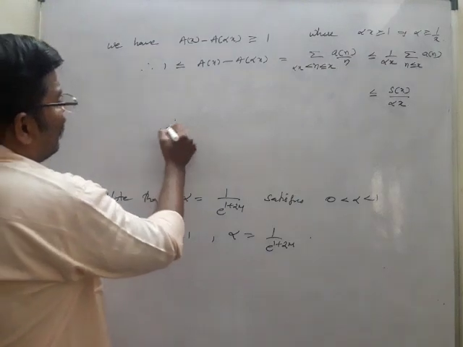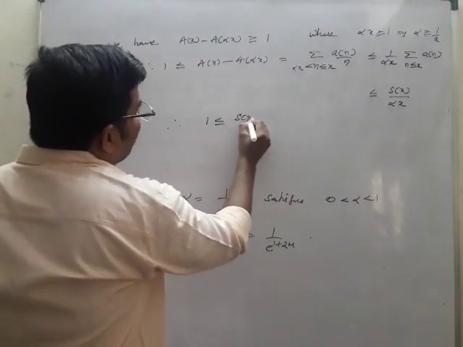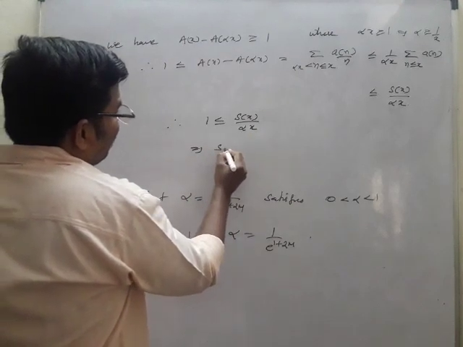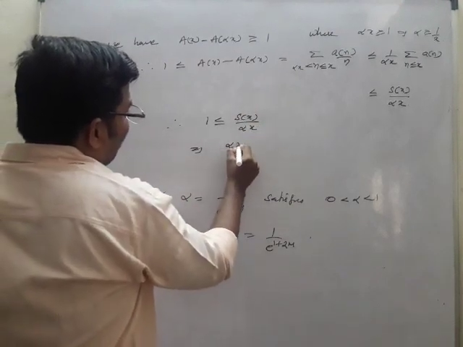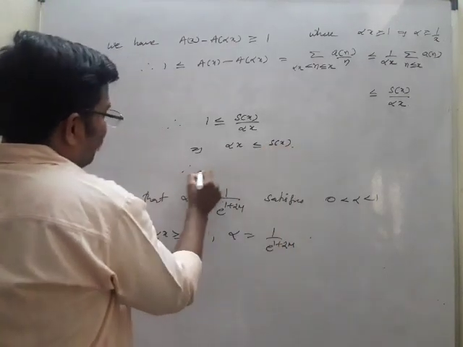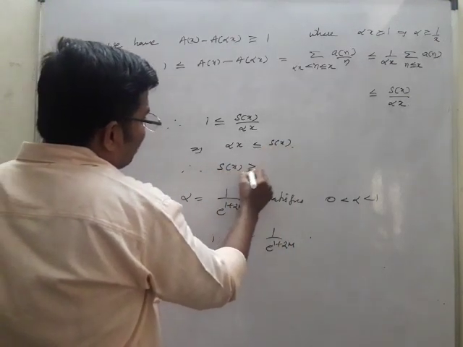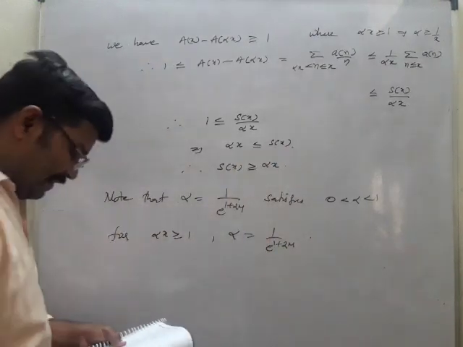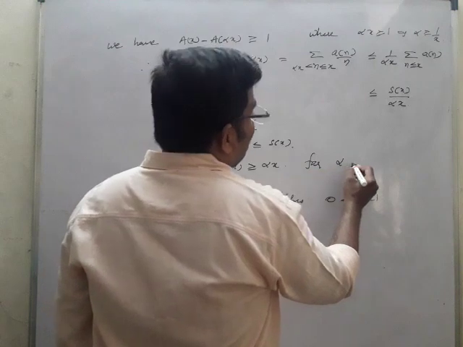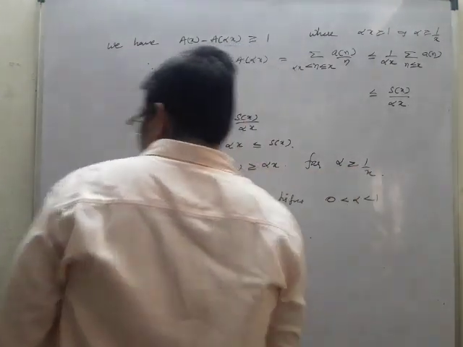So therefore what I got: 1 is less than or equal to s of x by alpha x. That implies alpha x is less than or equal to s of x, so s of x is greater than or equal to alpha x. We got this for alpha greater than or equal to 1 by x.